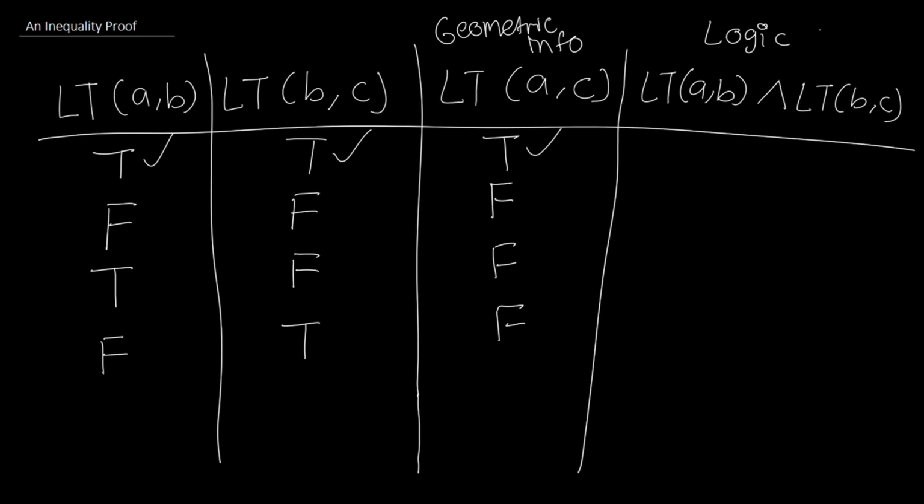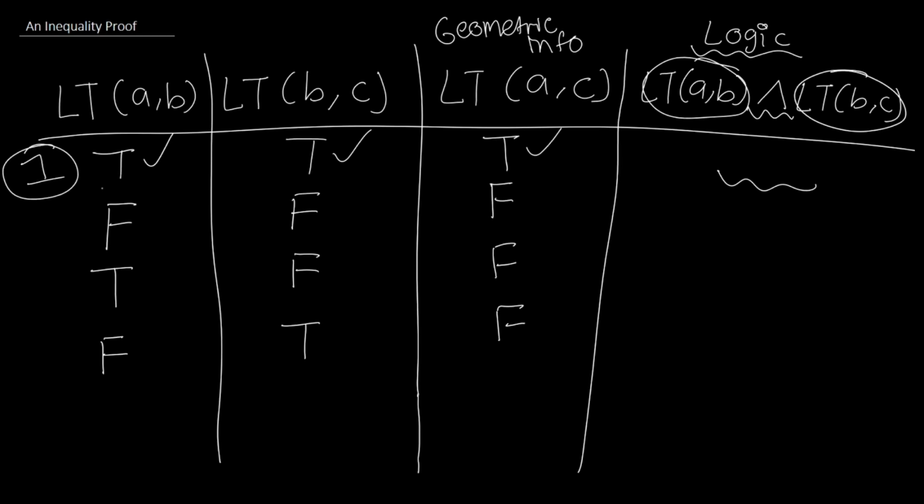So let's compare that with logic this time. LTAB and LTBC. Now this is an AND statement over here. So this guy and this guy should both be true in order for our corresponding rows to be true. This is only possible in the first case over here, because this is the only scenario where our LTAB is true and our LTBC is true.